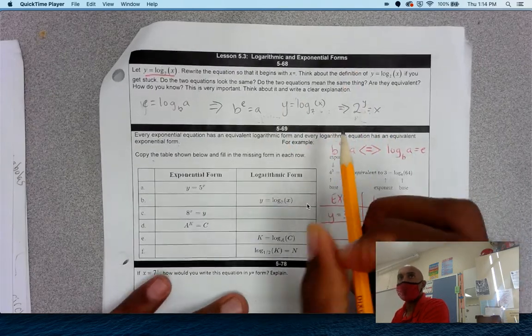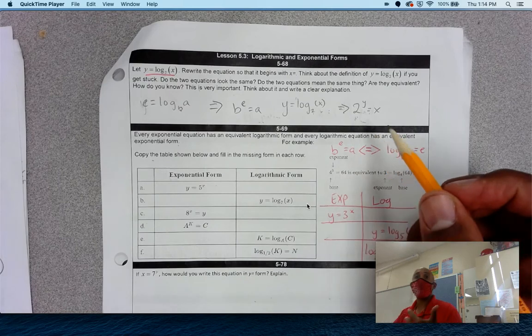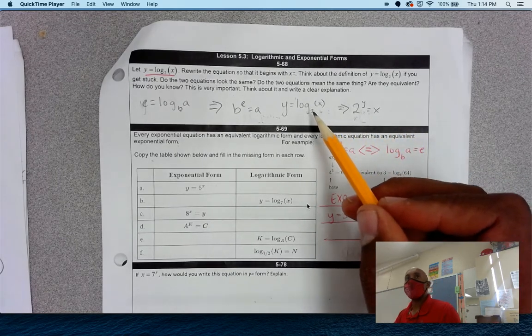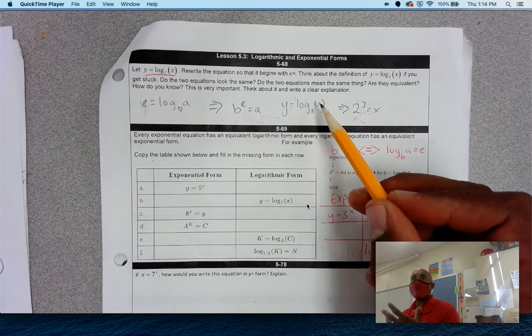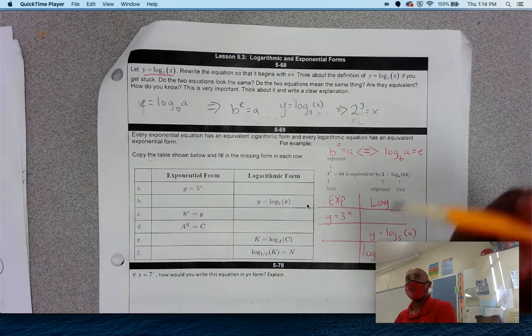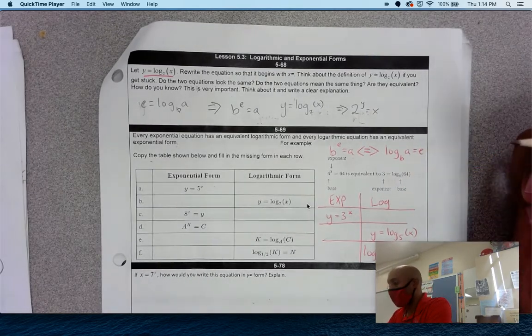These are equal. It's just a different way of writing it to help you solve other types of problems, because sometimes you don't know what the base is, sometimes you don't know what the exponent is. This allows us to put it in different forms so that we can solve the equations coming up next.